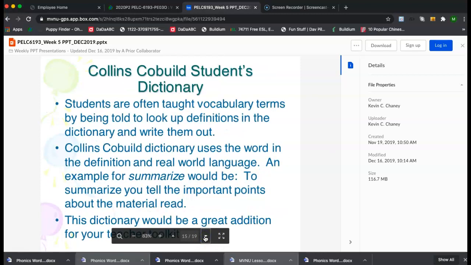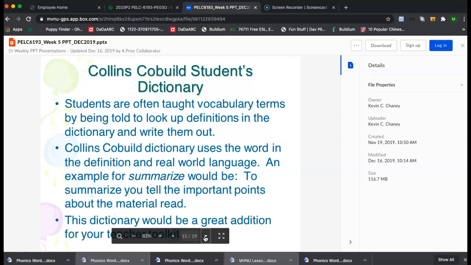The Collins CoBuild Student Dictionary is one of the sources that I use over and over again with kids. As said before, students are often taught vocabulary terms by being told to look up definitions in the dictionary and write them out. Well, the Collins CoBuild Dictionary uses the word in the definition and in real-world language.